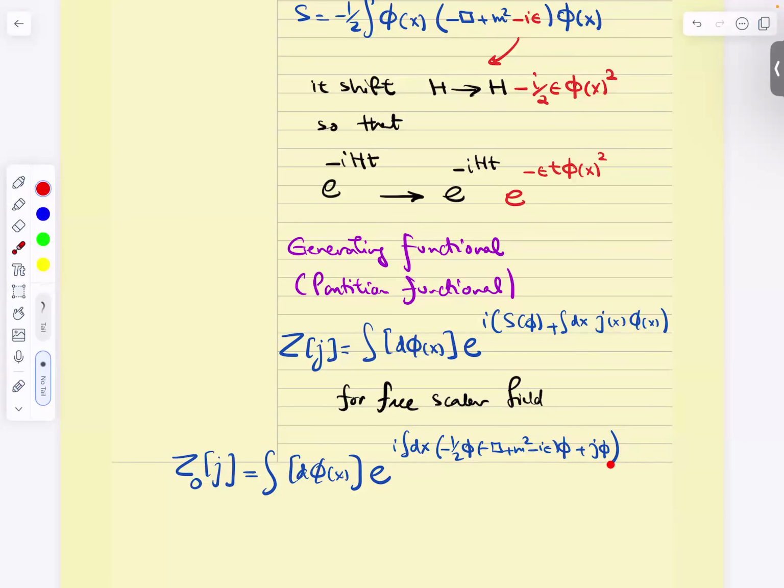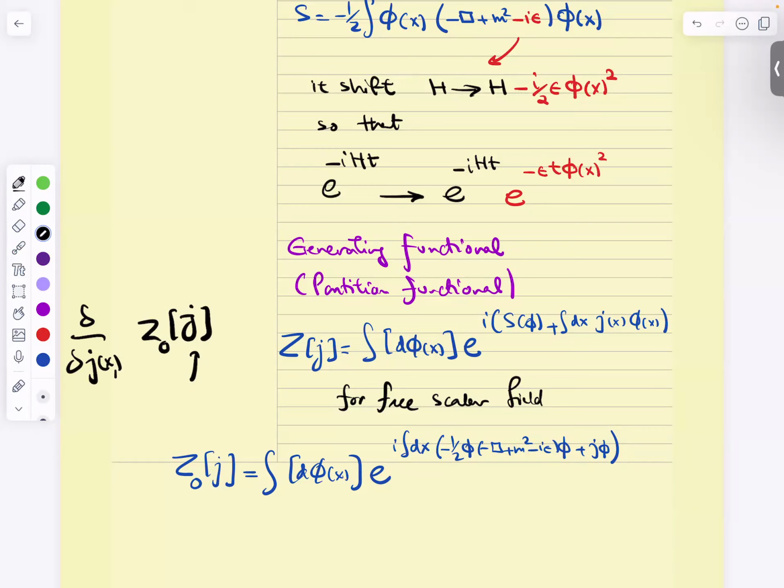This is j(x) phi(x) integrated over all points x. So Z0 of j is a function, right? If I take a derivative with respect to j of x1, what happens? It brings down phi of x1.